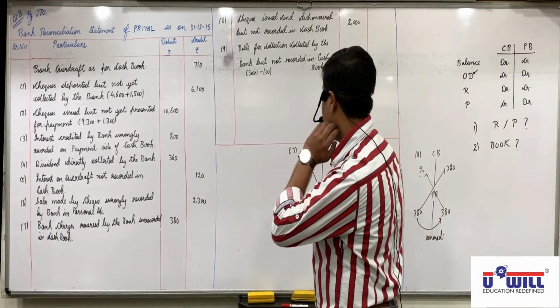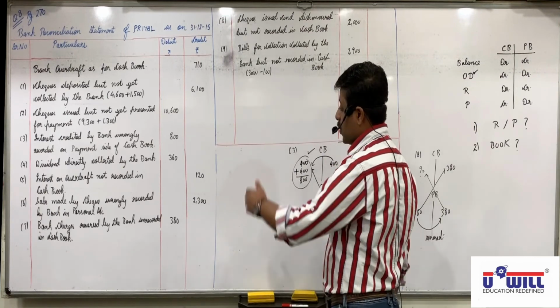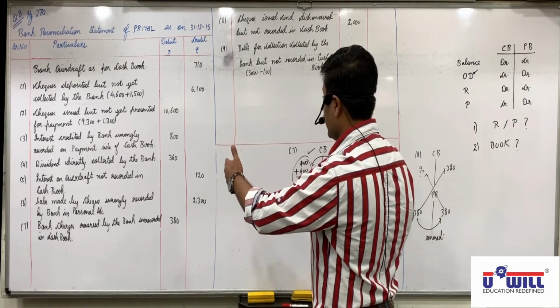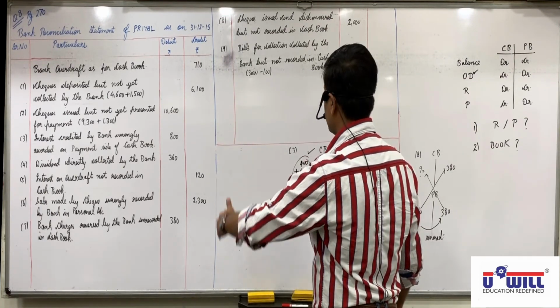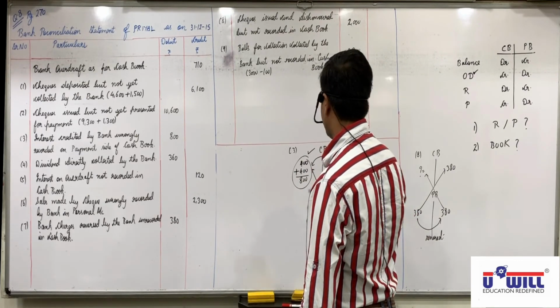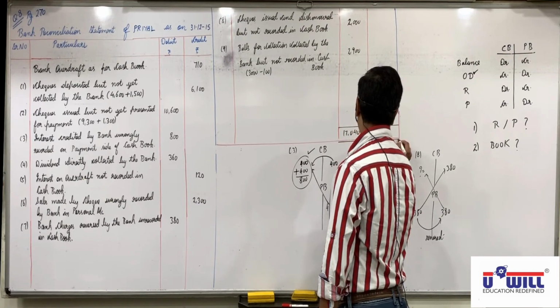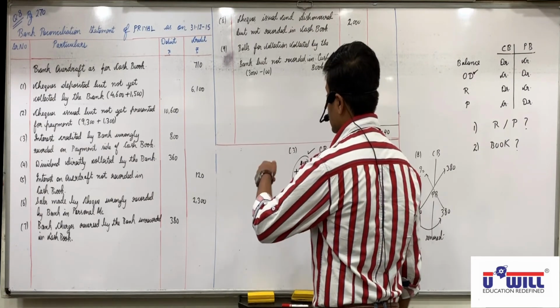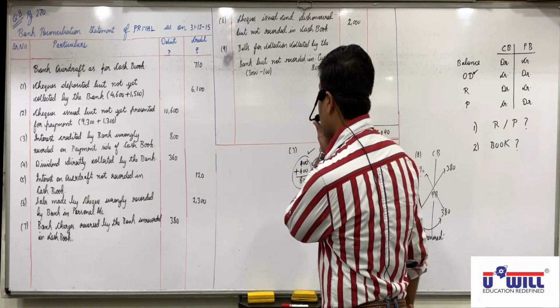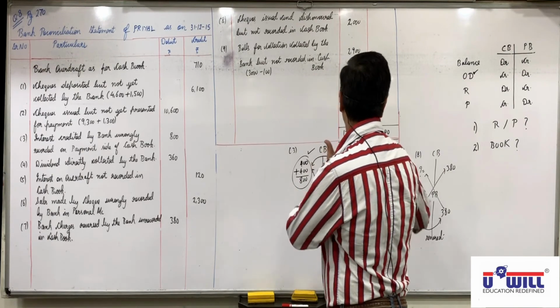Now debit side looks more. So debit side total 10,000, 12, 14, 15, 4, 7, 16, 9, 17,040. 17,040 will come on both the sides. Minus 6, 8, 9, 9,230. Please subtract.